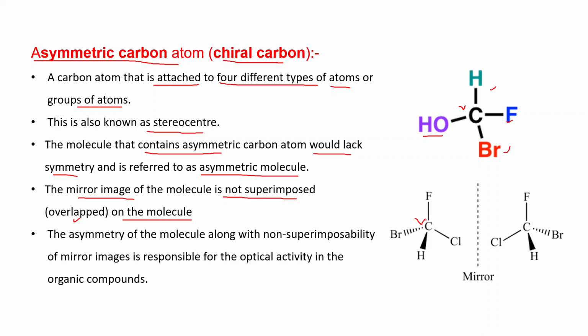This is an asymmetric molecule containing an asymmetric carbon atom, and this is the mirror image of it. Both are not superimposed on each other, not overlapped on each other. Simply, if we pick up this molecule and put it on this, you will observe that the arrangement of the atoms will not coincide.